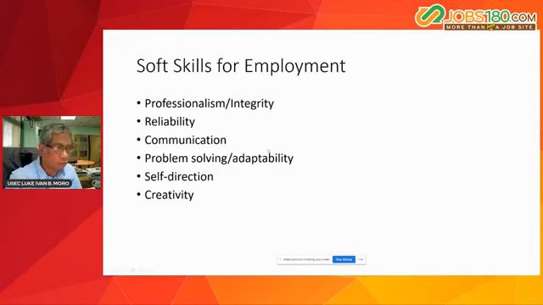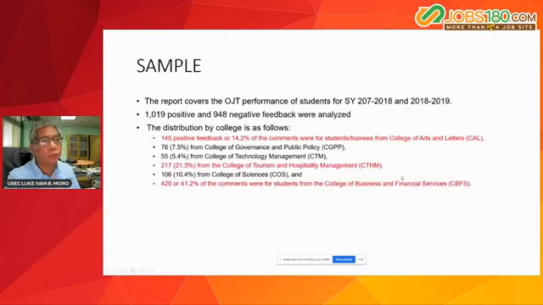Reliability, as I've mentioned, be someone who is reliable. Communication, problem solving, adaptability, self-direction, and creativity. From the verbal comments by your OJT supervisors, we classify these into the six soft skills. These are the samples, from 2017 up to 2019.